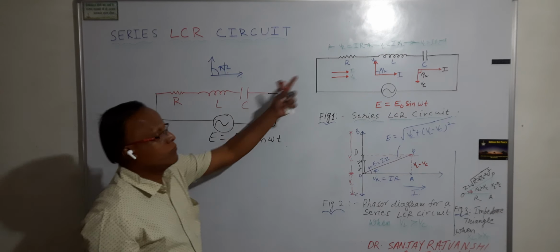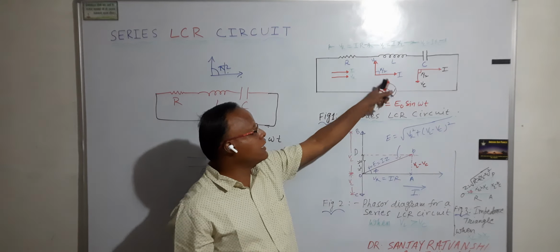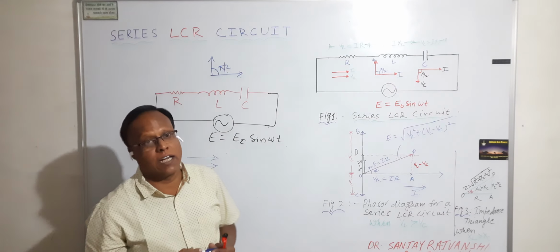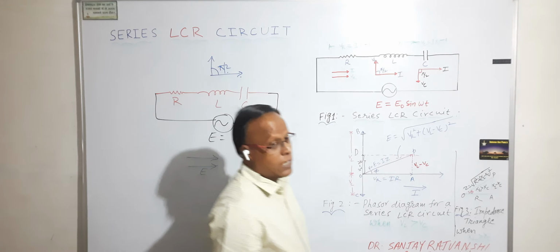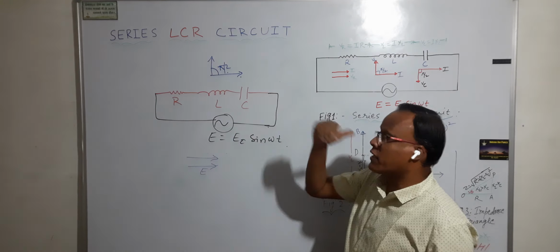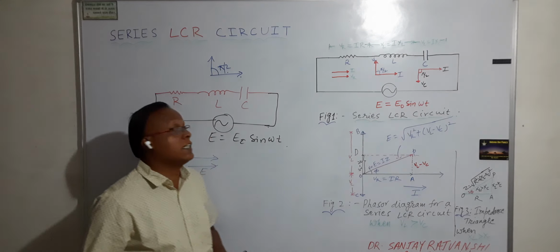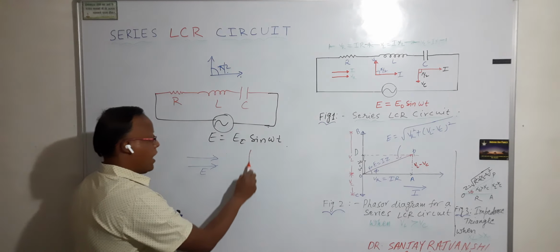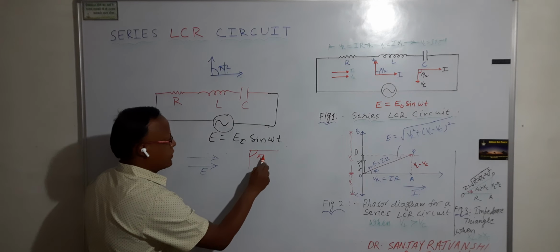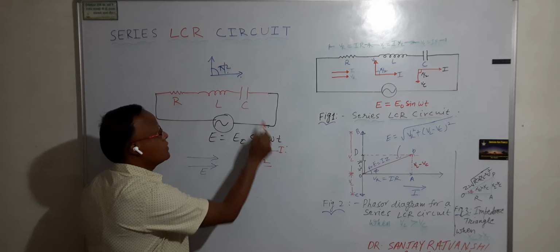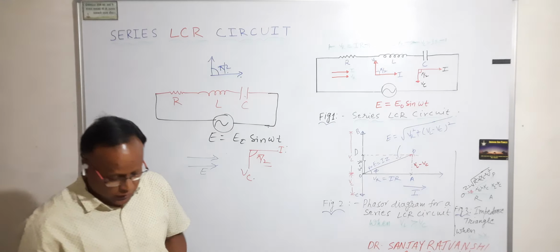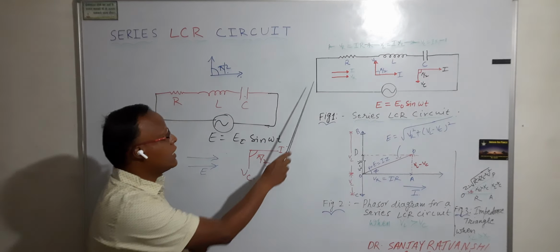And in the case of a pure capacitive circuit, the current is ahead by phase pi by 2 with VC, the voltage across C. All three conditions are shown here.